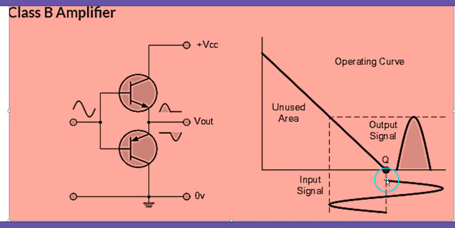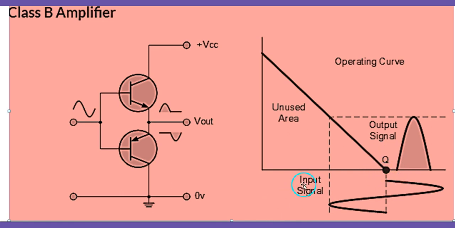So this is a circuit, and for the class B amplifier, this is the load line. The Q point is touching the collector emitter voltage axis, with the result that without the input signal, there is no base current flowing through the transistor. This is better for the efficiency.